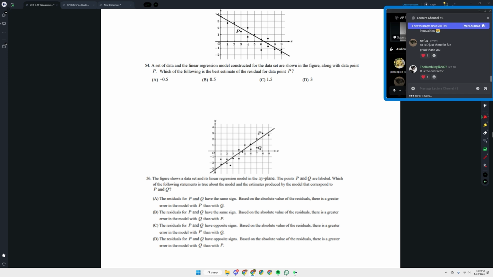I'll give 2 minutes for these. Yeah, the dots are the actual values, and the line is the predicted. It's also your least squares regression, or your model, or your line of best fit. There's multiple words.